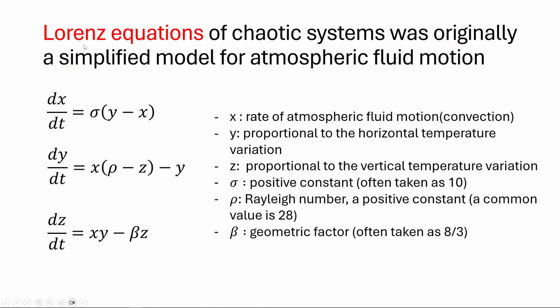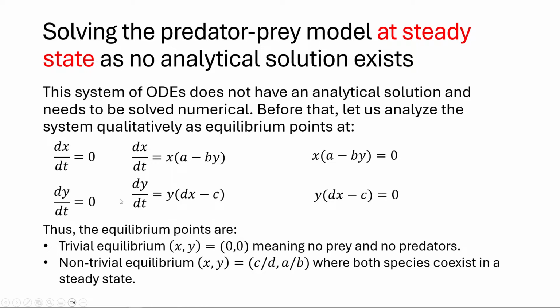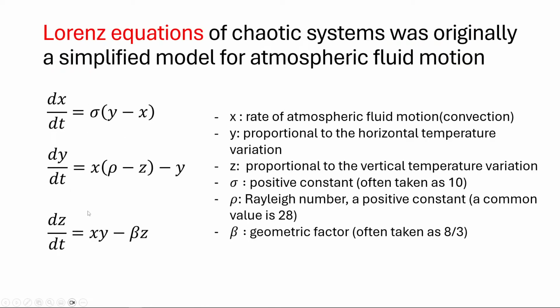We also looked at another system of ordinary differential equations, which is the Lorenz equation for chaotic systems, and that was mainly used for weather prediction, weather forecast. So you have this equation. You're looking at three variables. In the previous one, you were looking at two variables, the population of foxes and the population of rabbits.